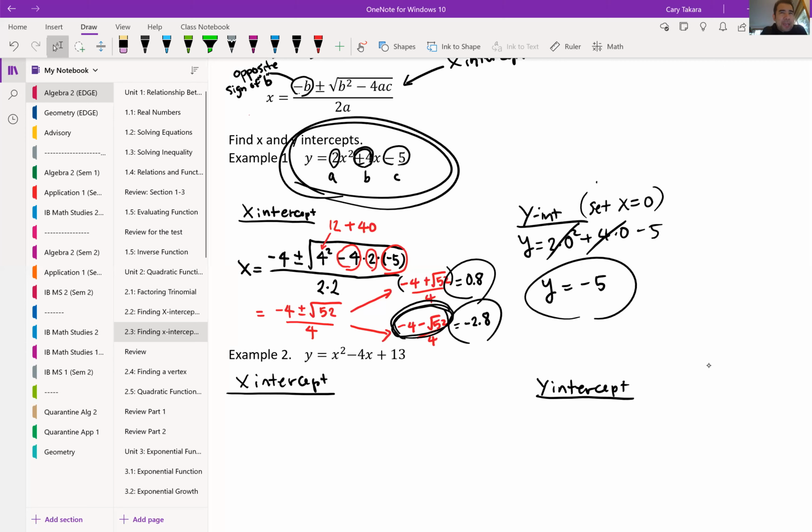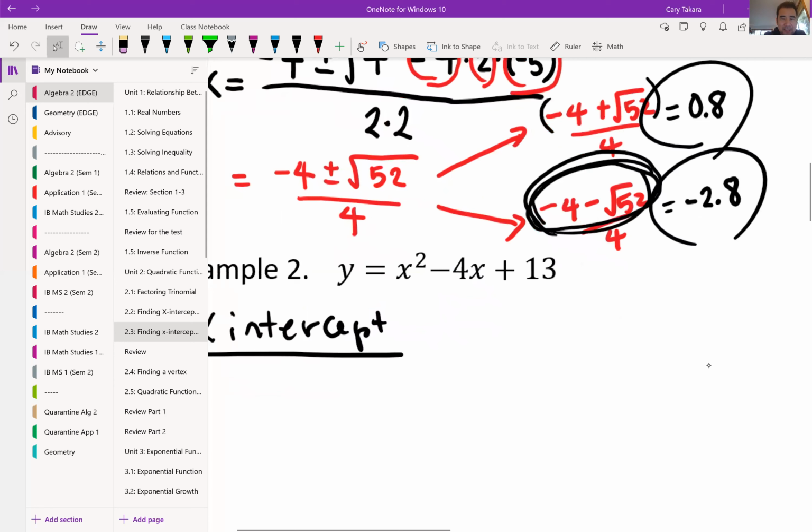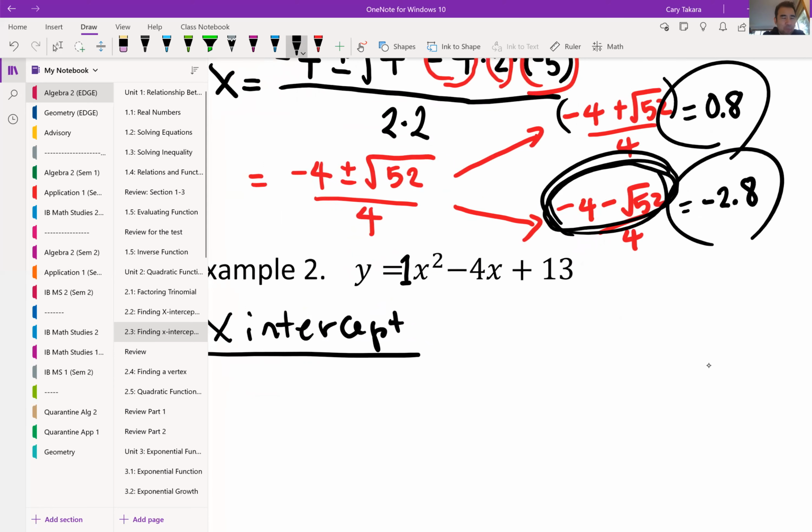When we talk about A, B, and C, there are no variables. It's all numbers. Those are called coefficients. It's the number in front of the variable. So what is the number in front of x squared? Well, when you don't see it, it's 1, isn't it? Thank you, Parker. So A is 1.